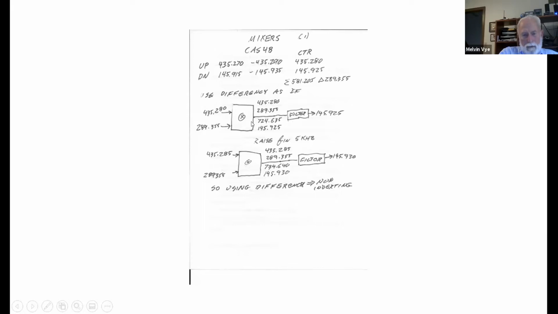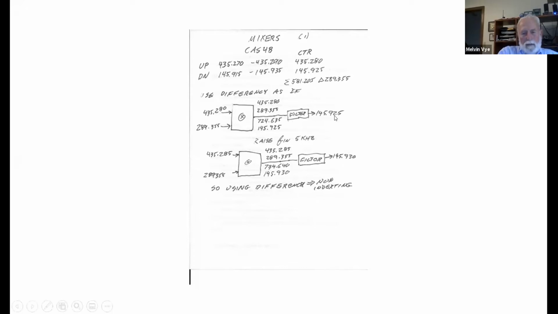And we notice these 4 frequencies that come out. The only one of which I have any interest is the 145.925, because that's the 2-meter signal. So I put that into a filter, and I get out the 145.925. So this is a scheme then of converting the 435.280 into a 145.925. Well, that's what we want.